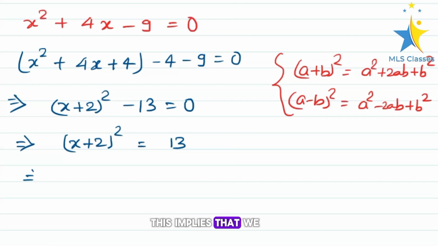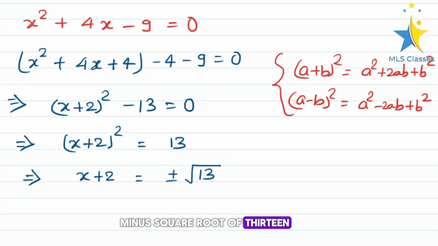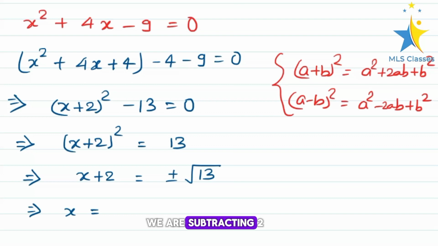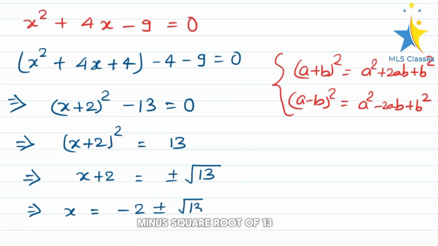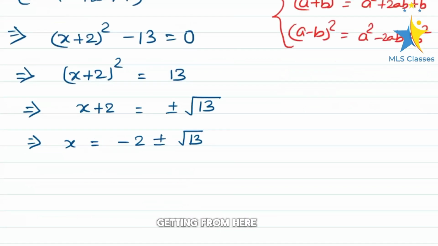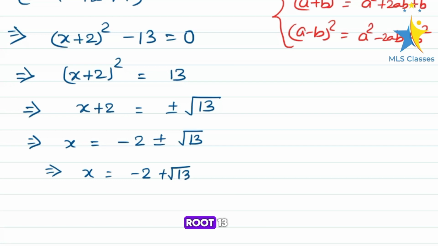Taking the square root on both sides, x plus 2 is equal to plus minus square root of 13. Subtracting 2 from both sides, x equals negative 2 plus minus square root of 13. So x equals negative 2 plus root 13 or negative 2 minus root 13.